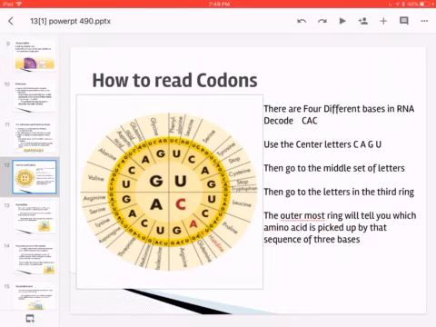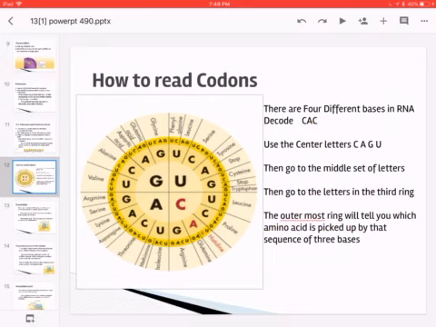So you always start in the middle with the light yellow. Then that determines which piece of the pie, so to speak, that you will continue decoding for which amino acid gets picked up. So here you see how it's separated into 4 boxes. We're going to go to that bottom lower right-hand side box because that's where C is.